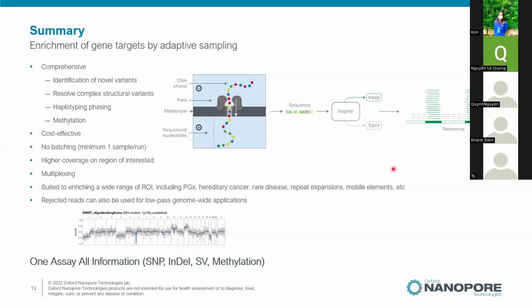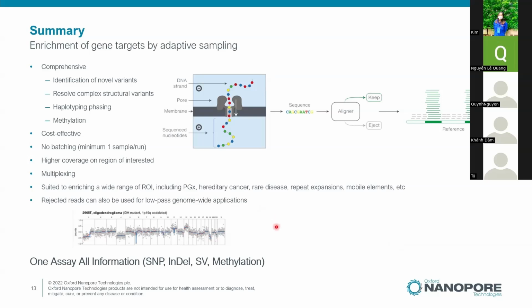Also remember we mentioned that in adaptive sampling, there's a lot of rejection that happens, and all these rejections will be your off-target reads. However, the off-target reads can be useful as well because they can be used for low-pass genome-wide applications. One use case of adaptive sampling in human applications is that you can design a targeted sequencing panel that has, for instance, pharmacogenomic genes or hereditary cancer genes.